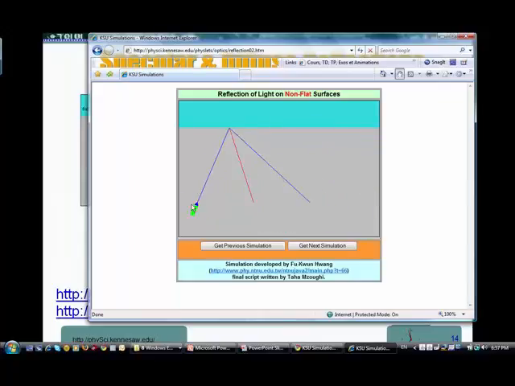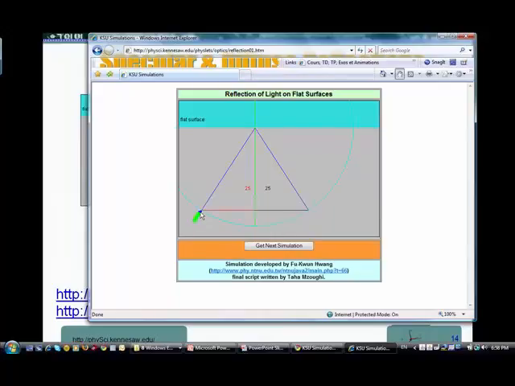But here I have the incidence angle being the same, but the light is reflected in different directions. Okay. Let's go back to the previous one. Here, when I moved it, the angle does not change. In the other one, it was changing.